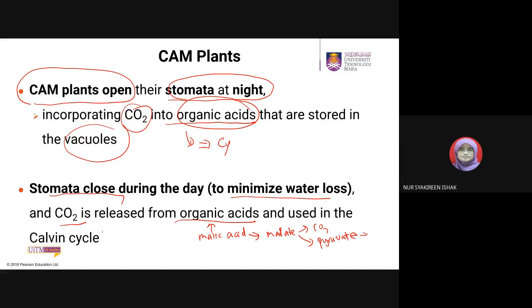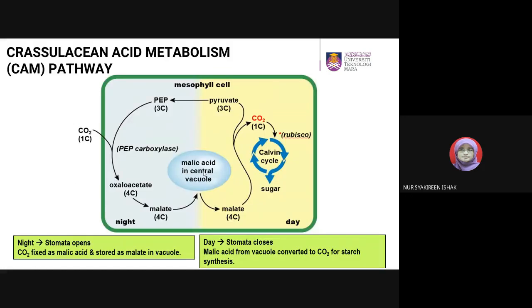Pyruvate generates back PEP. Carbon dioxide akan masuk the normal Calvin cycle to produce sugar. So basically the production of sugar occurs during daytime because the Calvin cycle occurs during daytime. Kalau ini dia punya pathway.